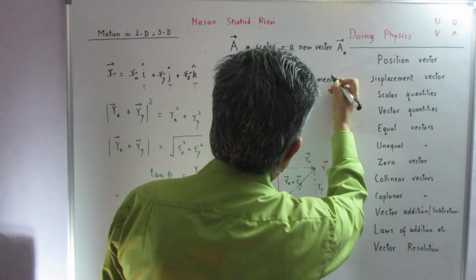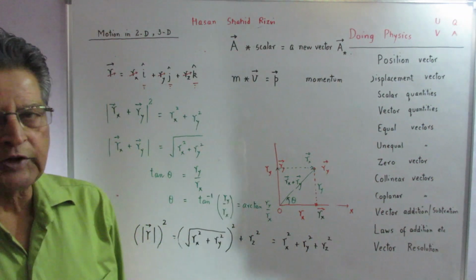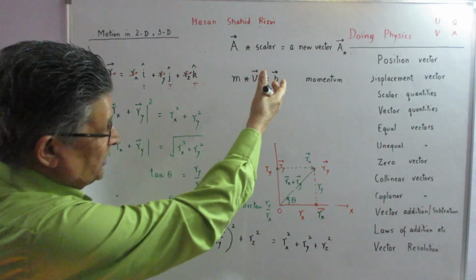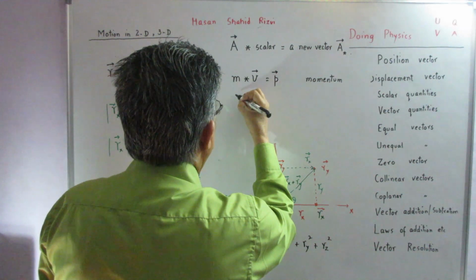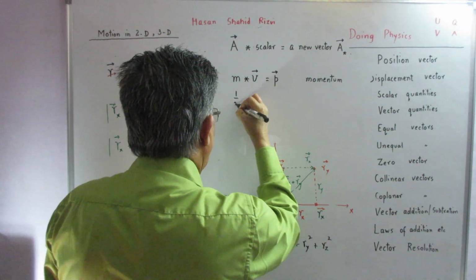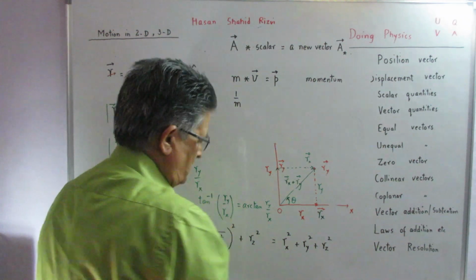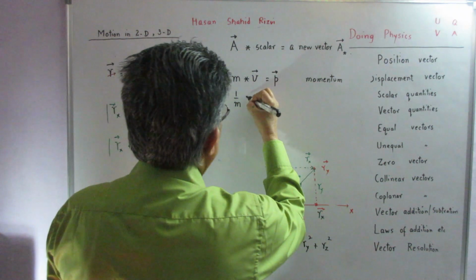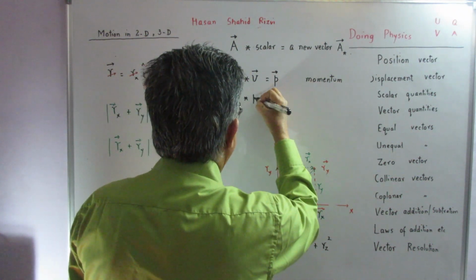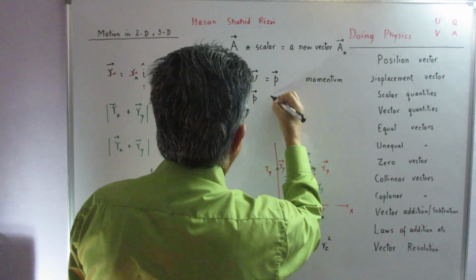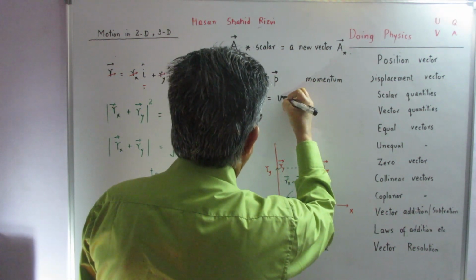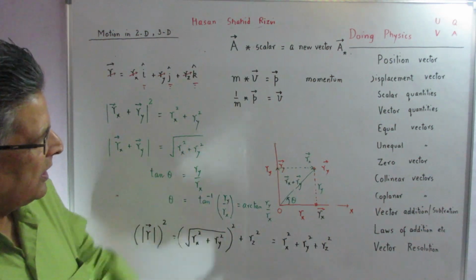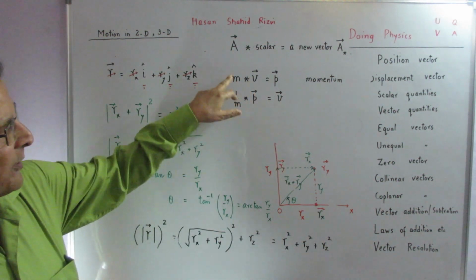The momentum vector is parallel to and in the same direction as the velocity vector, and from this equation I can also write that 1 upon m multiplied by the vector p will give us the vector v.